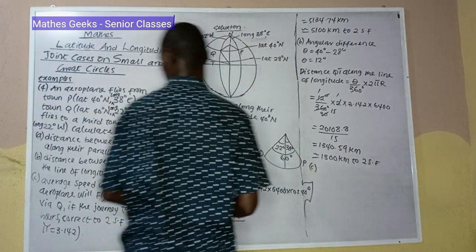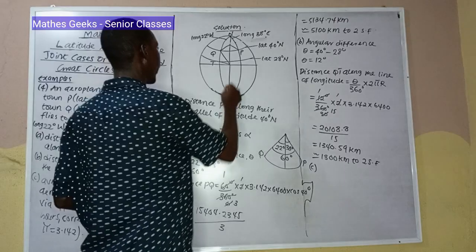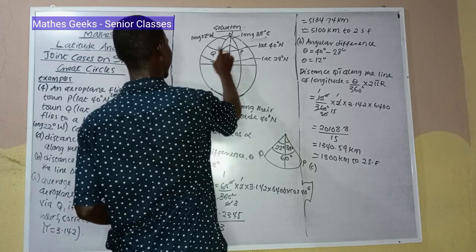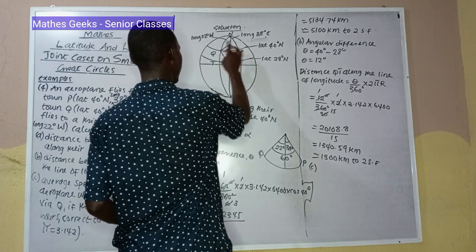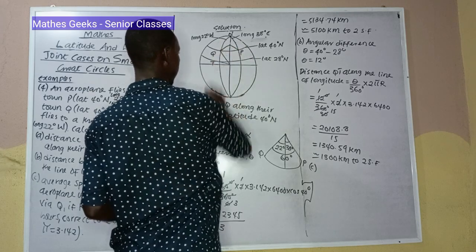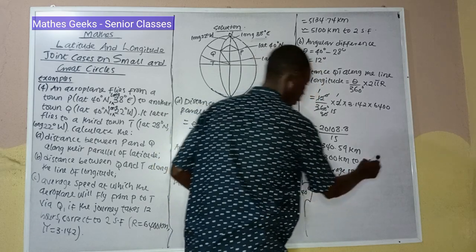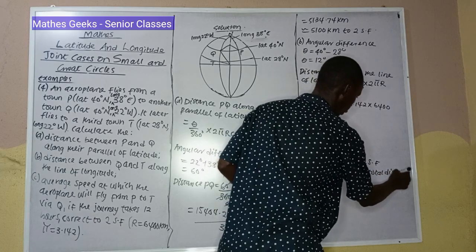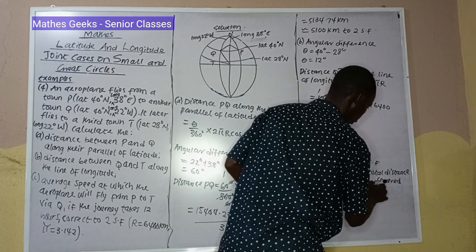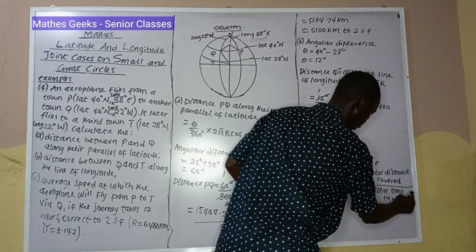So C says the average speed at which the aeroplane will fly from P to T via Q. Which means if the plane must fly from point P to T, it has to fly from P to Q first, then from Q to T. So remember that average speed is equal to total distance covered over total time taken.